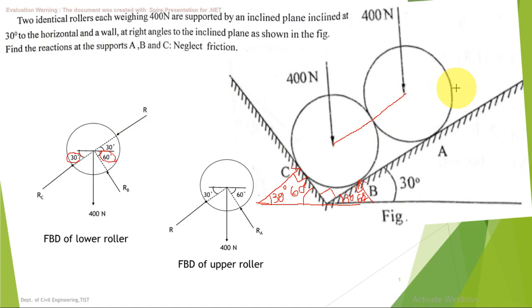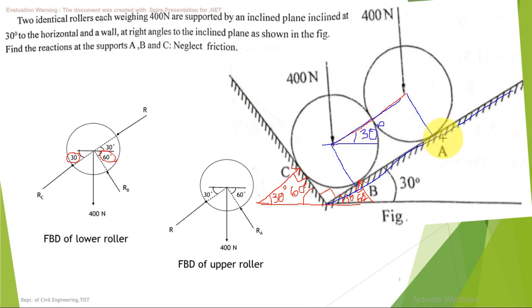So this distance and this distance are the same. What can you say about this line? This line is parallel to the inclined plane, so this plane and this line have the same inclination.